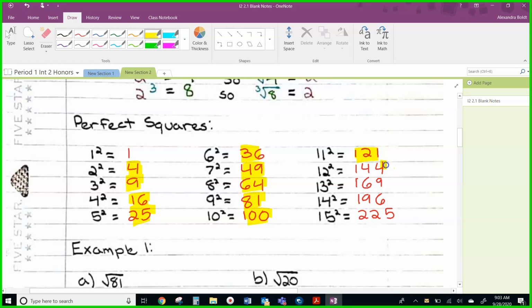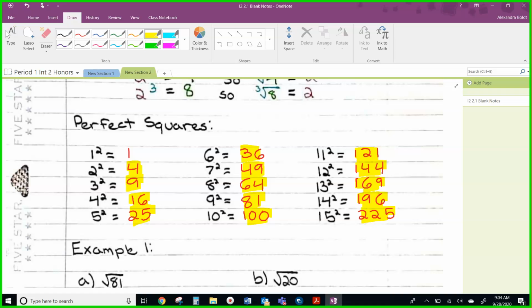We'll see when we're simplifying why we don't so much care about 1. It doesn't really change anything. If I take out a 1, the number doesn't change. When I square root it, it doesn't change. So since it doesn't change our number, and it's a part of every number, we don't care about it.